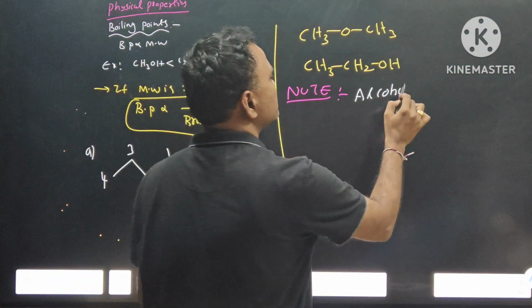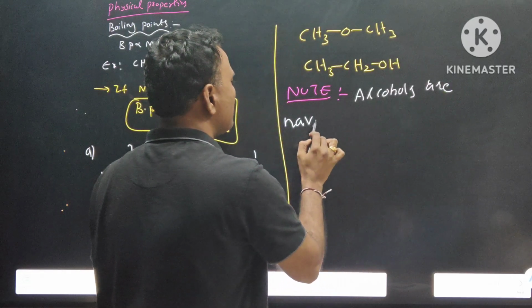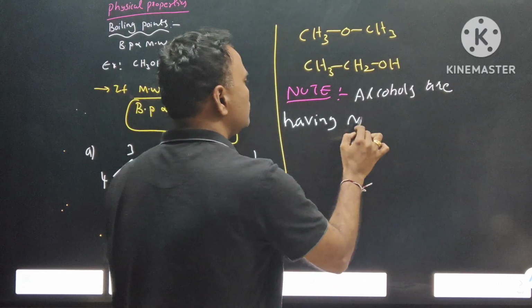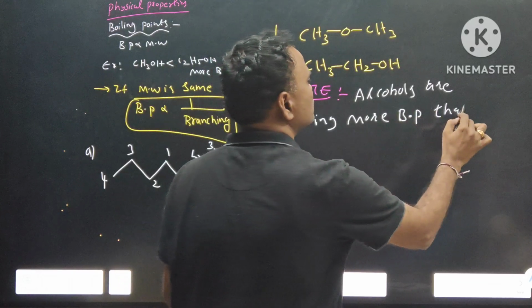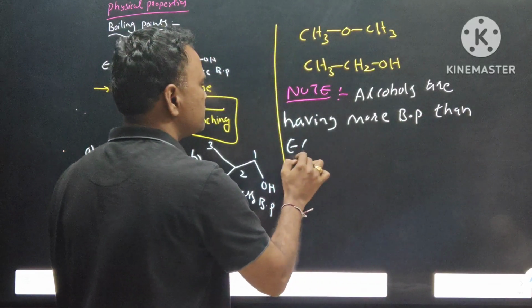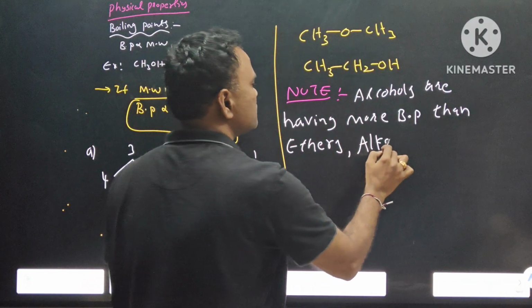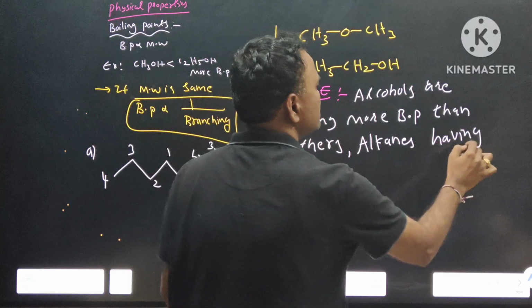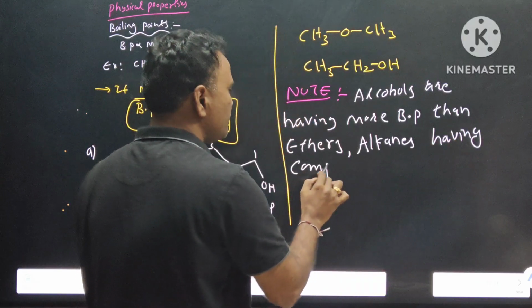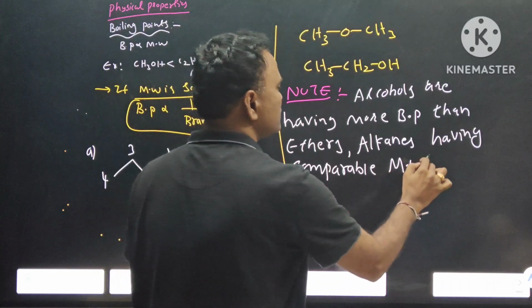Generalization: alcohols have a higher boiling point than ethers and alkanes having comparable molecular weights.